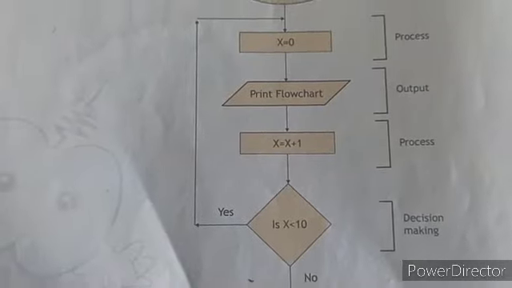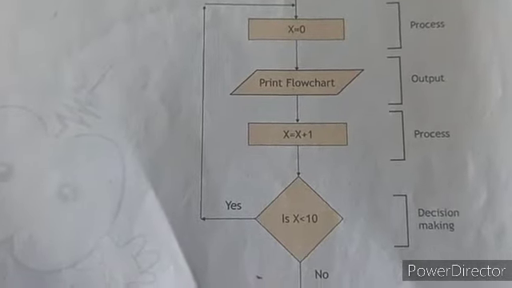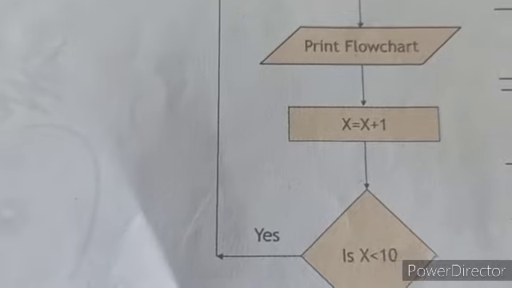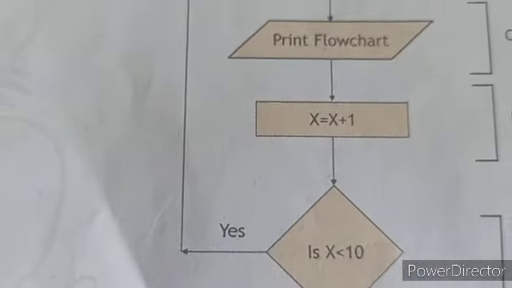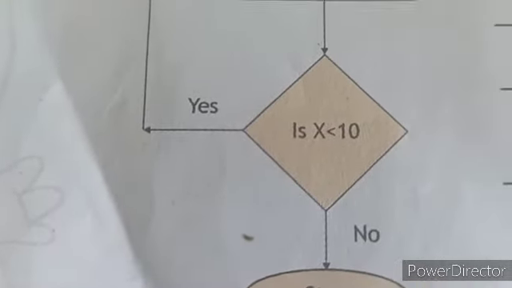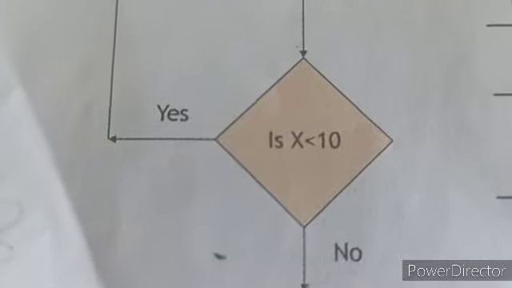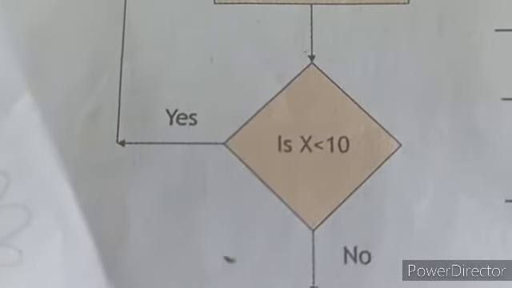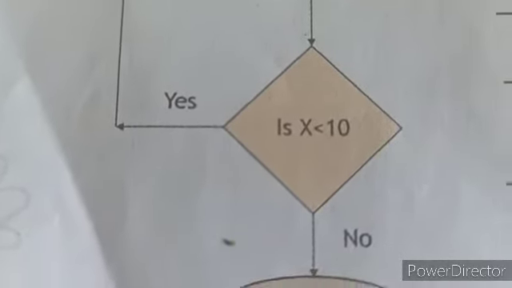When it becomes more than 10, that means when the value is 10 plus 1, that is 11, and it comes to the decision box and checks whether 11 is less than 10, it is not true, it is false.